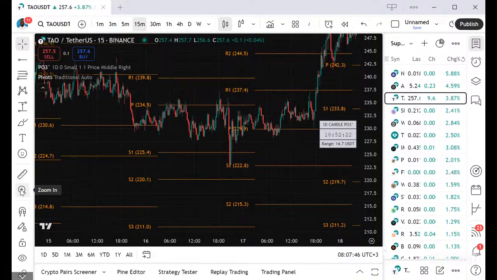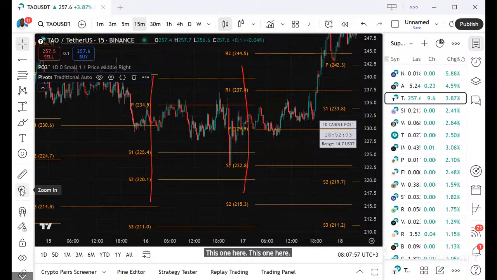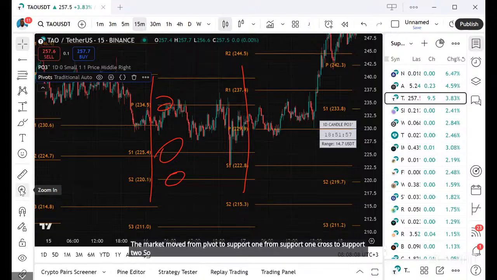For example, if you take this example here, the market moved from pivot to support one, and from support one crossed to support two. So you want to buy when the market is approaching support levels.